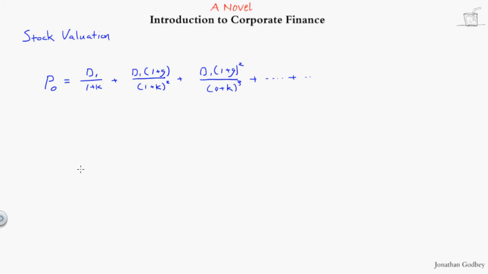So there's a mathematical trick. And I don't want you to concentrate too much on the algebra, but I want you to think of the intuition. The price of the stock is the present value of future cash flows.